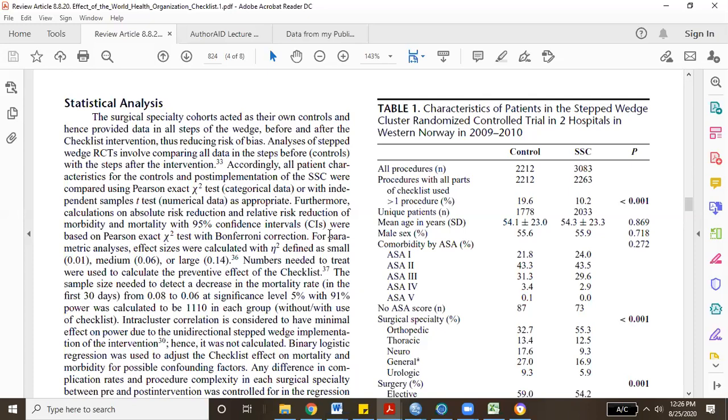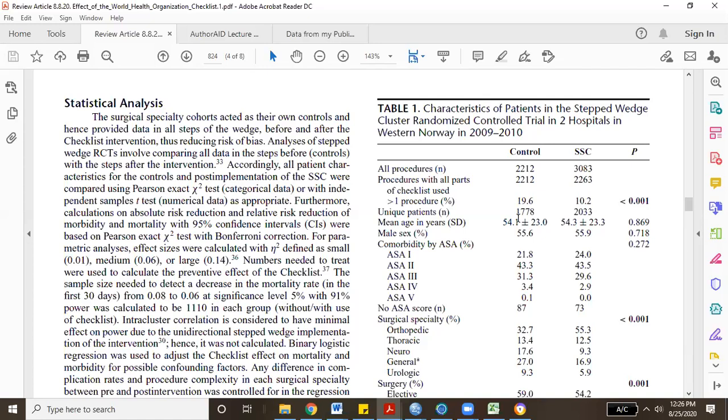The uncorrected chi-square is usually not recommended because that chi-square has not undergone any form of standardization to check for confounding variables. That is why the Yates corrected or the Pearson's chi-square is recommended. So in this case, they use the chi-square to see if there is a significant difference between 19.6 and 10.2, meaning, will those in the control group experience more procedures than those on whom the checklist was used?